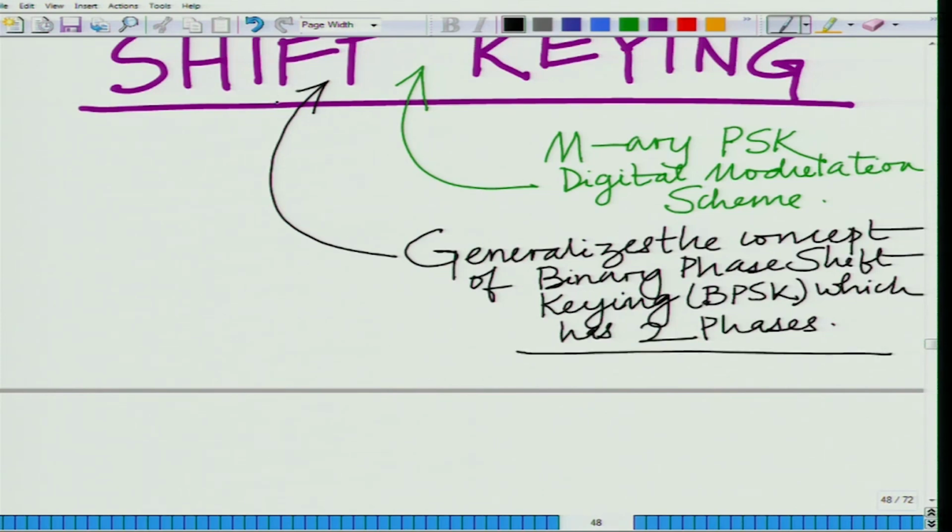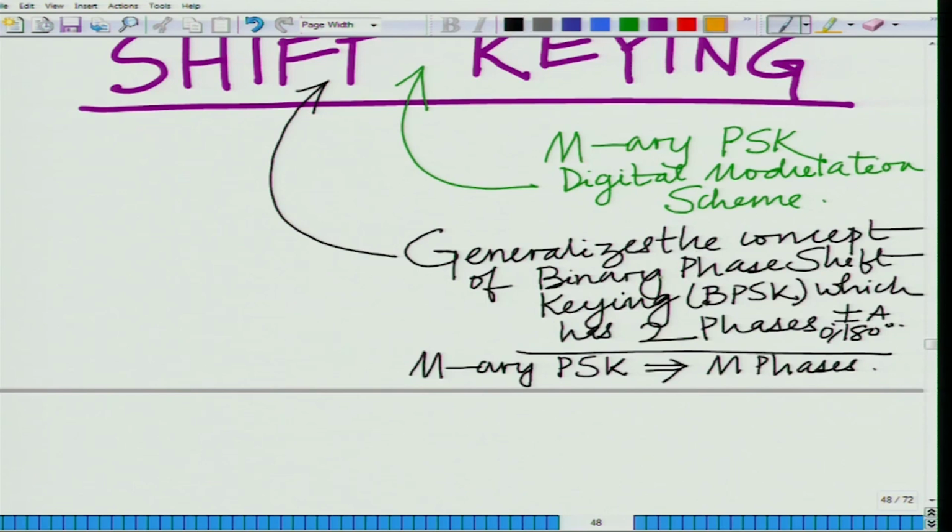In M-ary phase shift keying, basically there are M phases. In binary phase shift keying there are 2 phases, plus or minus A, that is 0 and 180 degrees.